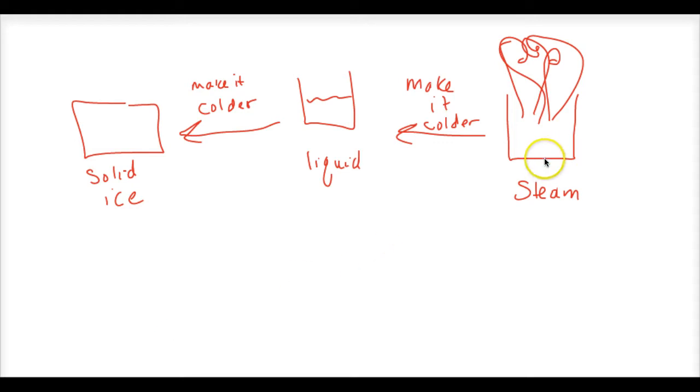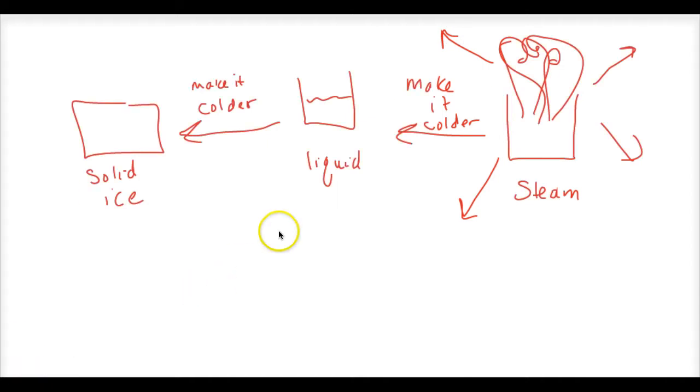If we want to move from steam to a liquid, we need to move the heat out of the system. We're going to use arrows again to indicate that this time the direction of the heat will be out of the system and into the environment.